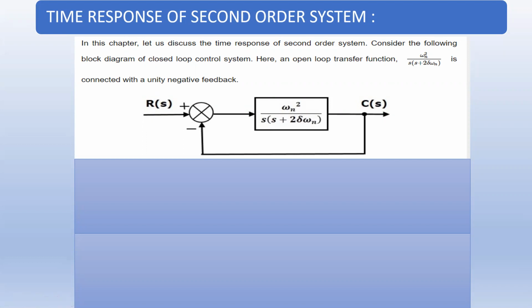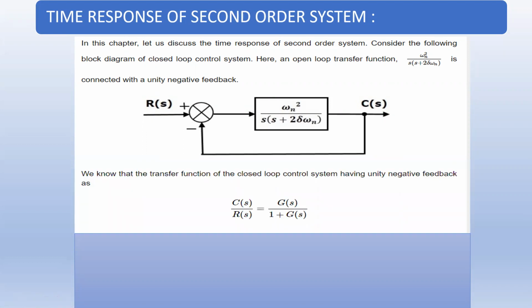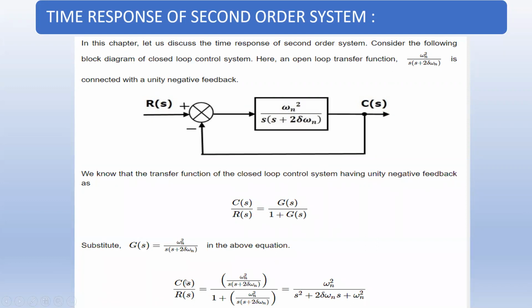If we substitute G of s in this formula, G of s by 1 plus G of s, we get the overall transfer function.